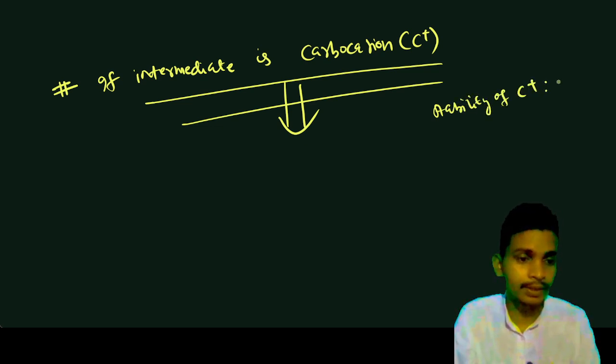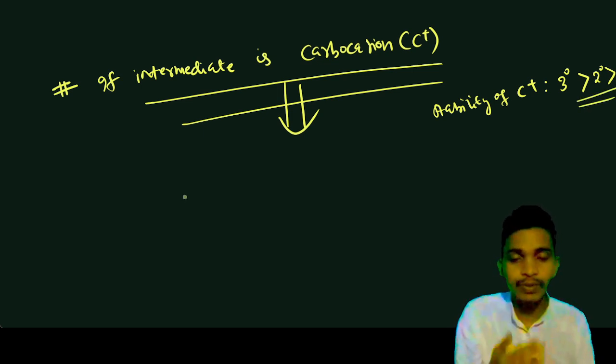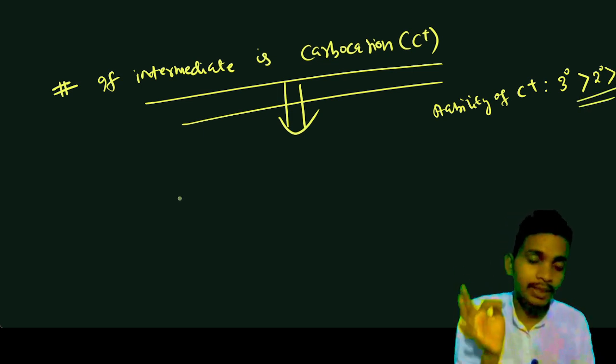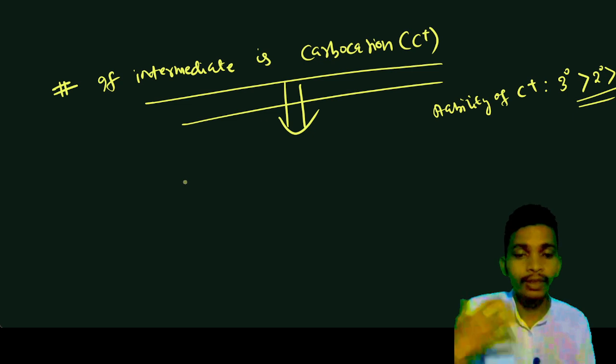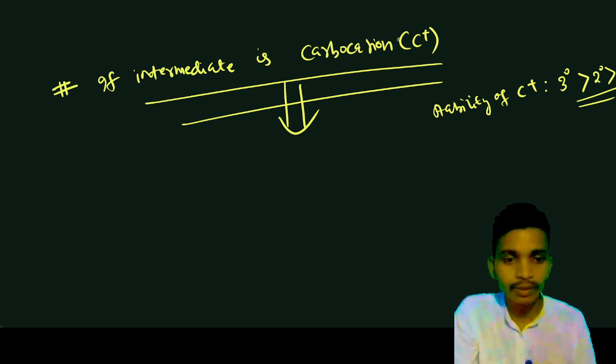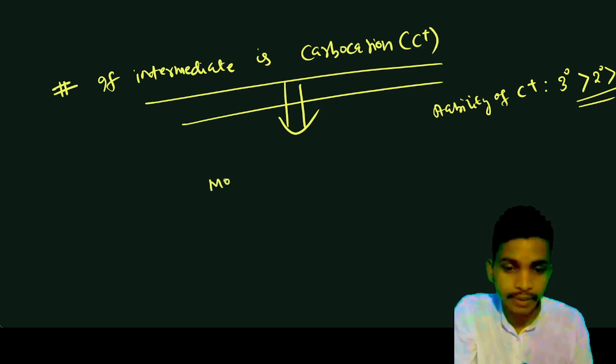We have seen the stability of carbocations: a 3 degree carbocation is more stable than 2 degree, than 1 degree. So whenever the intermediate is a carbocation, or whenever the carbocation is poor, then always look for molecular rearrangements.